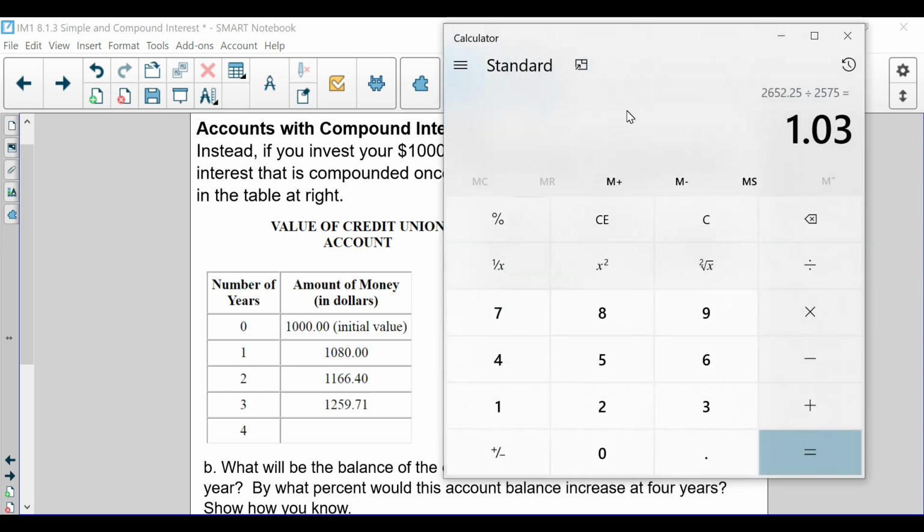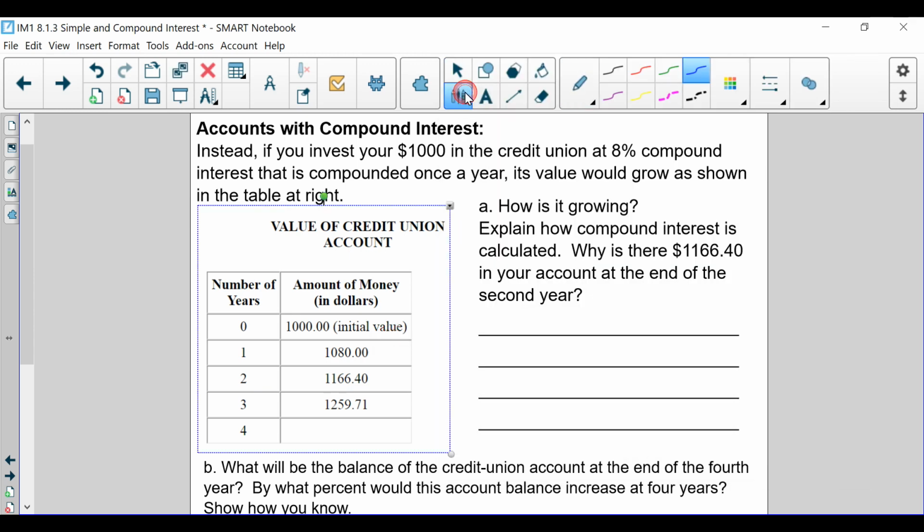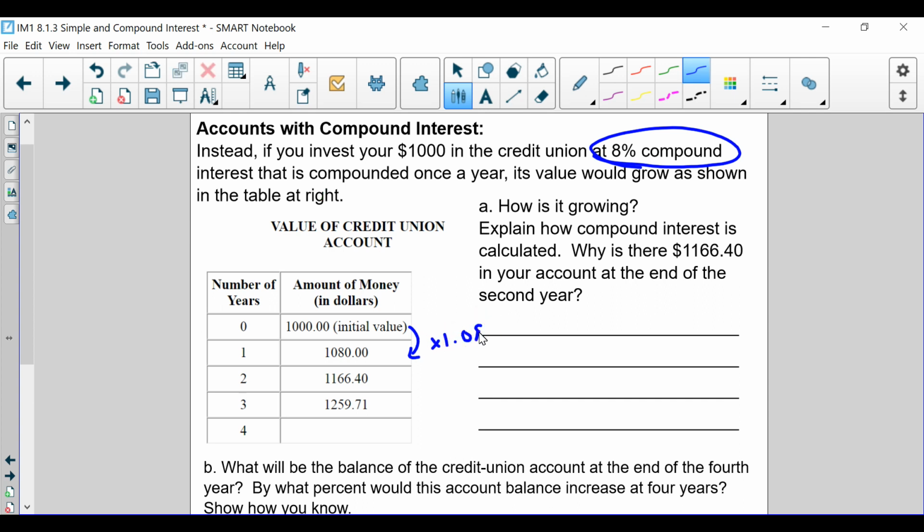So let's figure out what we're multiplying by. So we know that 1,080 divided by 1,000 is going to be equal to 1.08. That makes sense because it's compounded by 8%. So this is being multiplied by 1.08 each time.